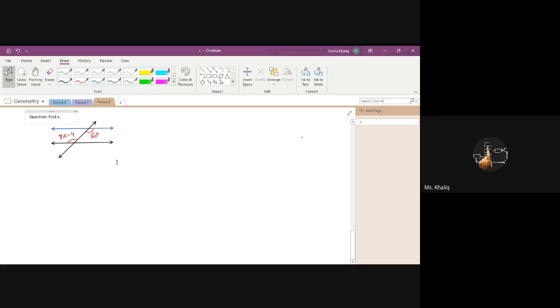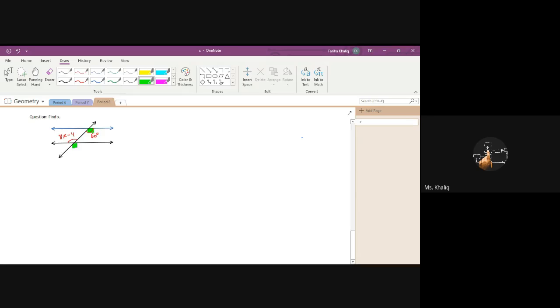Well, let's look into the relationship. Since the lines are parallel, let's look into some corresponding angles or other relationships. So this is 60 degrees. Then I know that this would be 60 degrees as well because it's a corresponding angle.